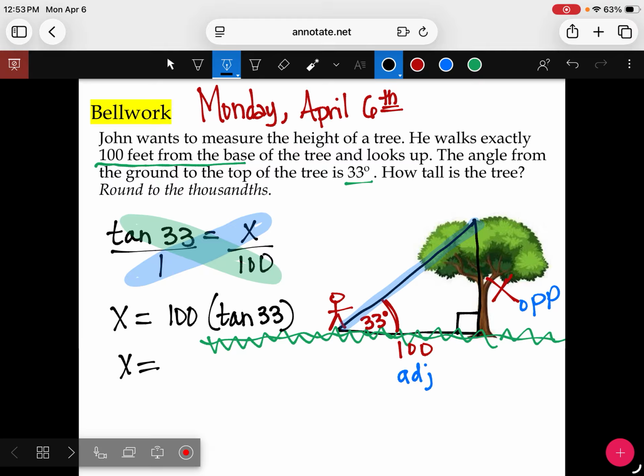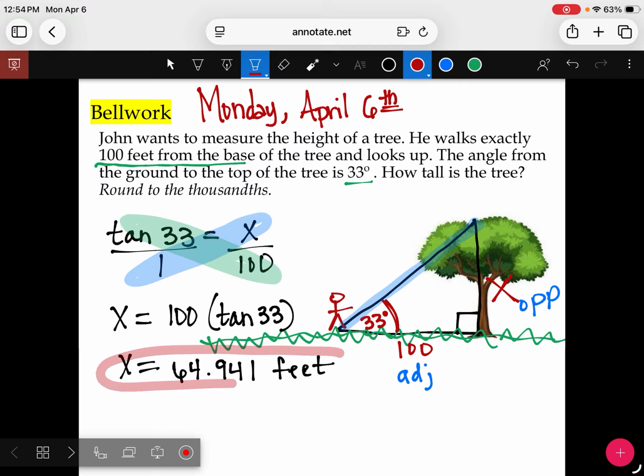Type that in your calculator. And 100 times tangent of 33 is 64.941 feet. That would be my answer.